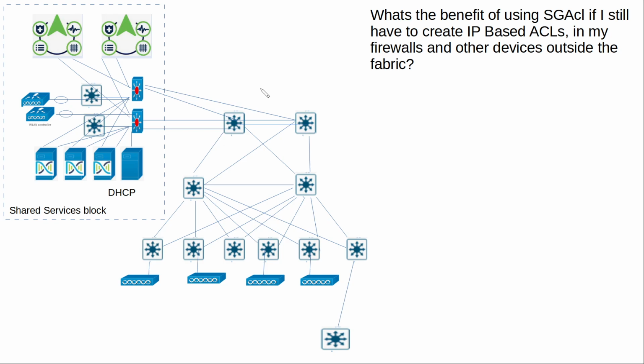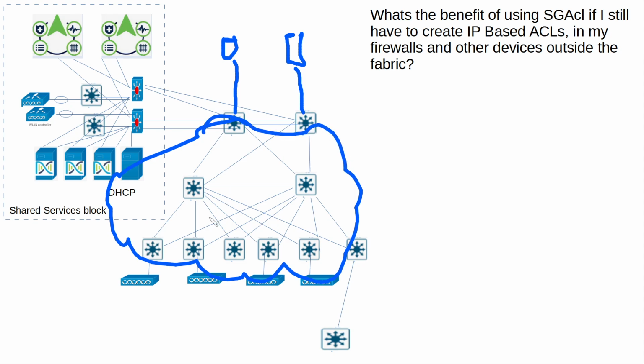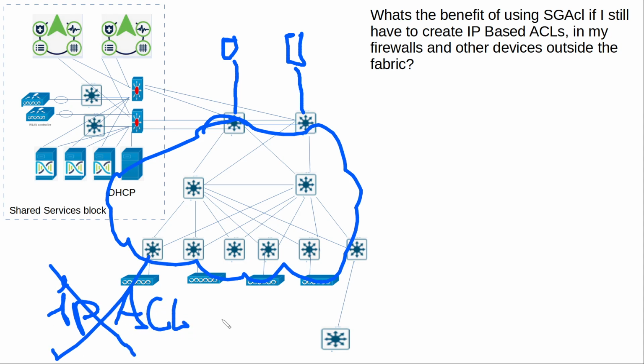This question makes a lot of sense, because remember that one of the selling points of having a fabric is that I'm going to forget about IP-based access control lists and use a scalable tag group access control list, because it is more manageable and more human friendly.